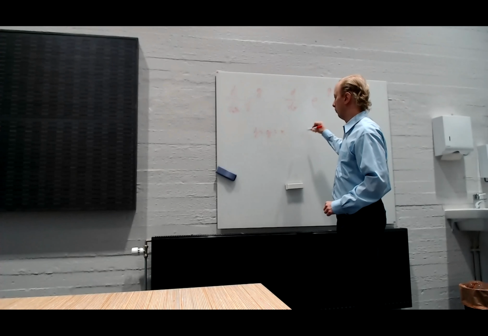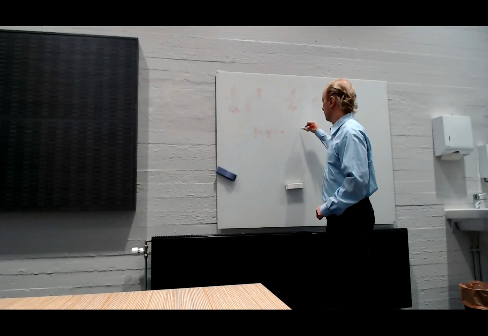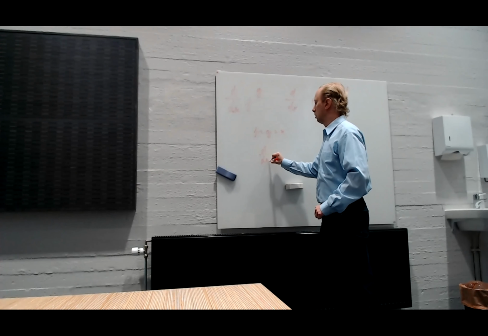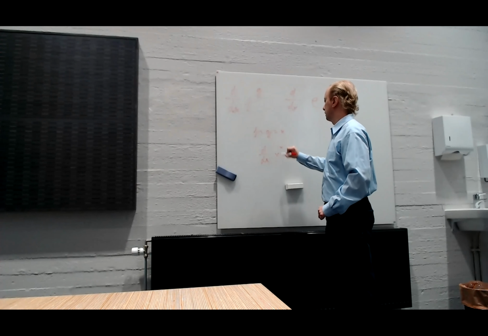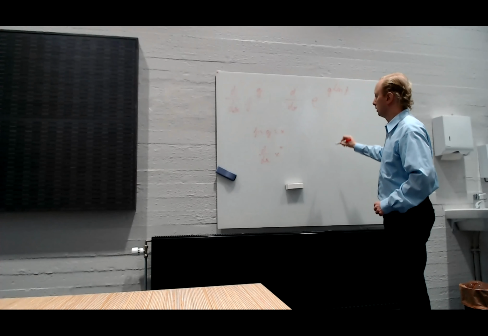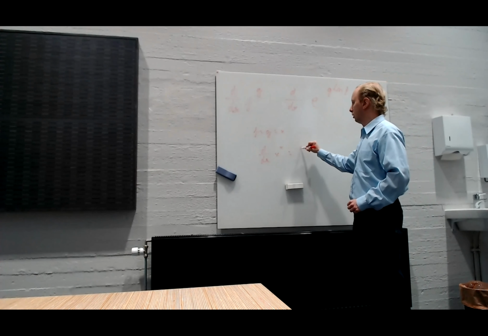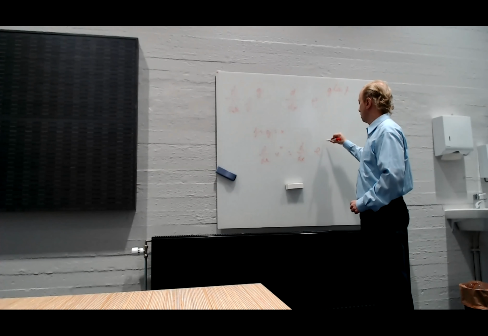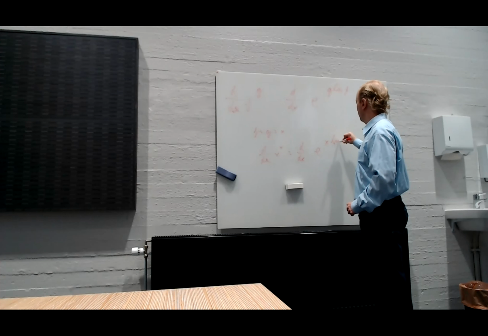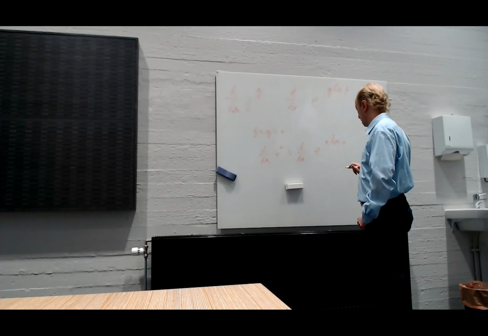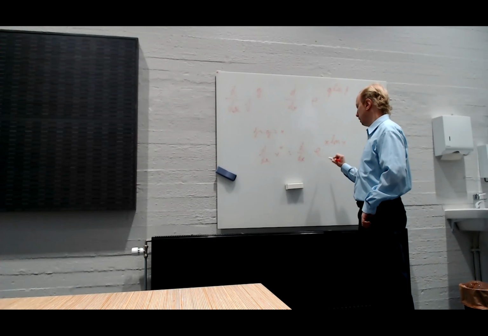So what we wanted to differentiate was d/dx of x to the power of x, which we usually don't have a rule for, but now we know that it's the same as d/dx of e to the power of x ln x. Okay, so our external function is e to the power of x.